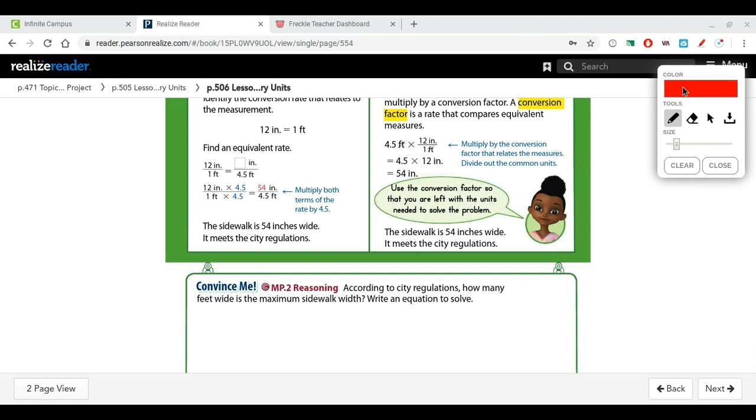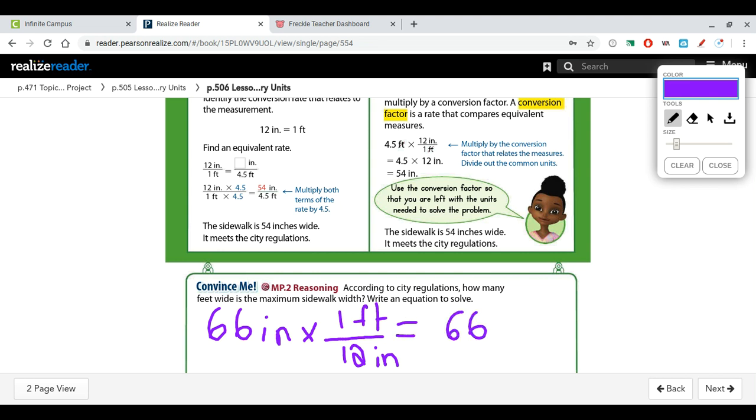To find this, what I'm going to do is take 66 inches, okay? And now my conversion factor is going to change, so it's going to look a little bit different. I'm going to do 66 inches, and because I want that to be in feet, I'm going to put my 1 foot on top, and then the 12 inches goes on the bottom. And so what this will rewrite itself as is 66 divided by 12, and then that will tell me how many feet I have.